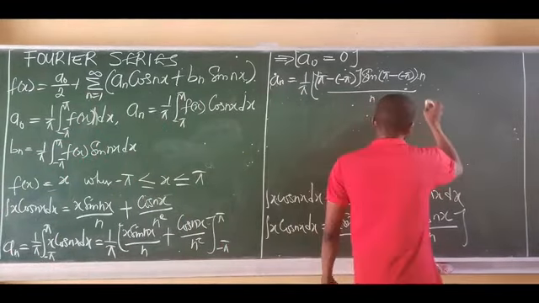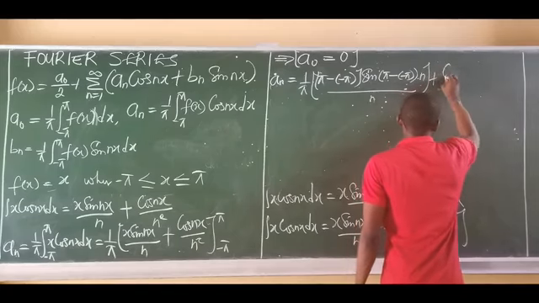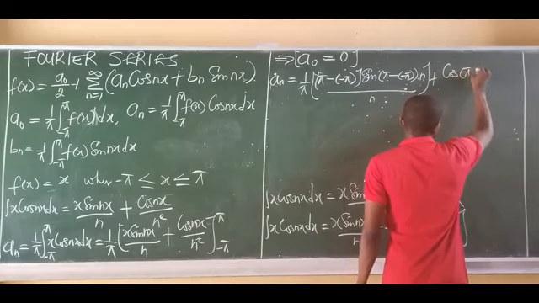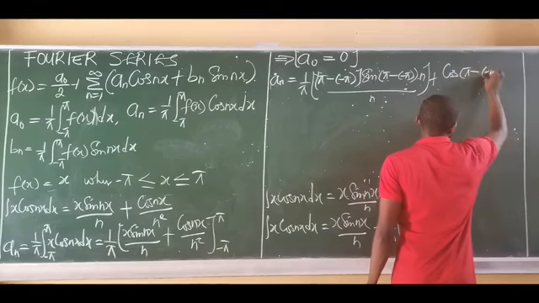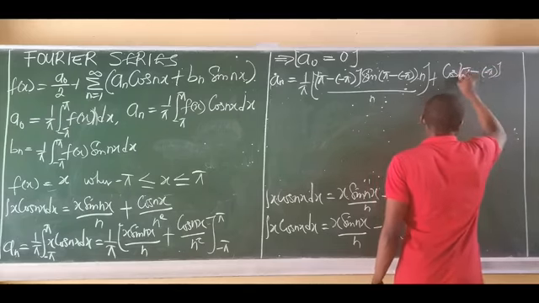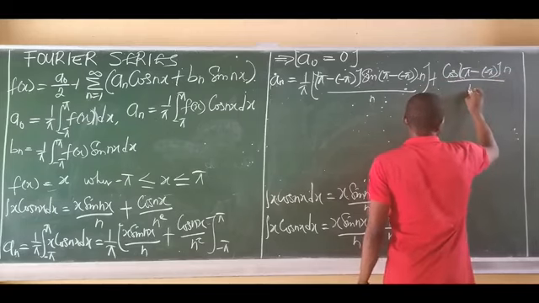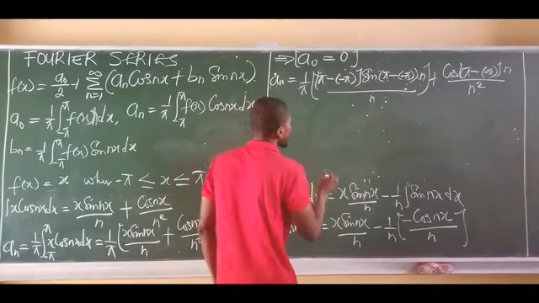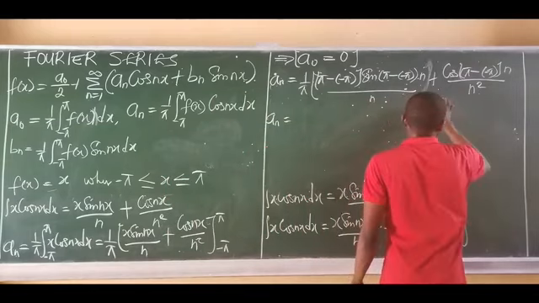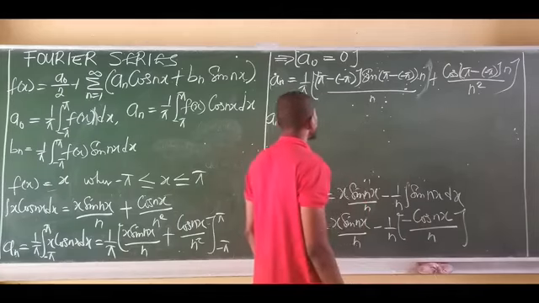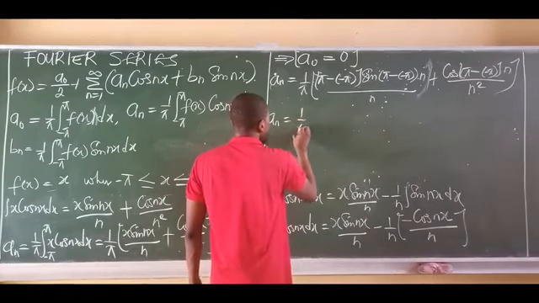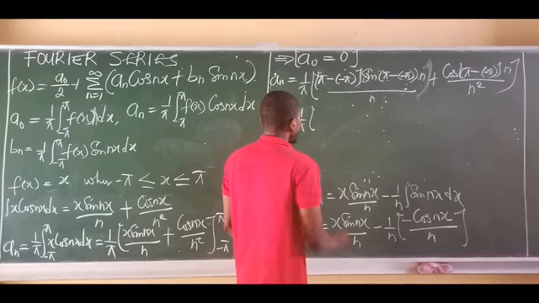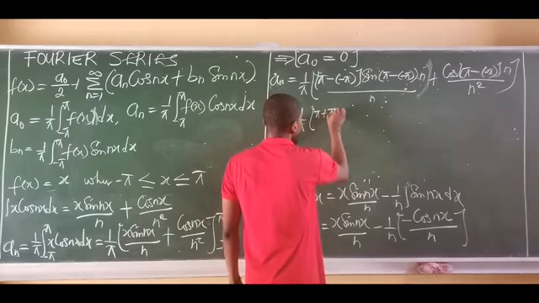So this is now plus cos, in place of x, we have upper limit pi minus lower limit, which is minus pi, times n all over n squared. So an is now equal to 1 all over pi into, mind you, pi minus minus pi becomes pi plus pi.